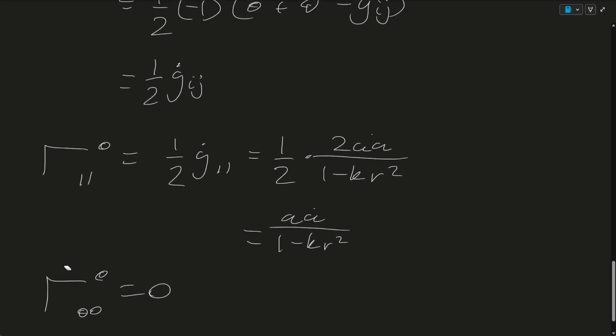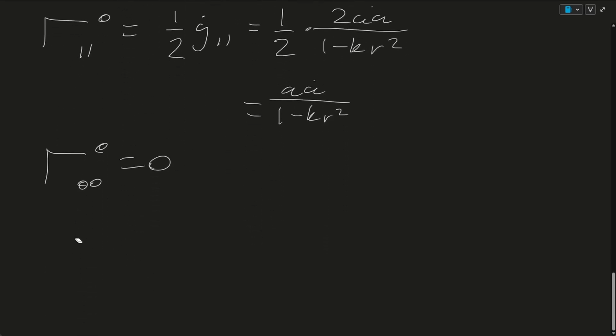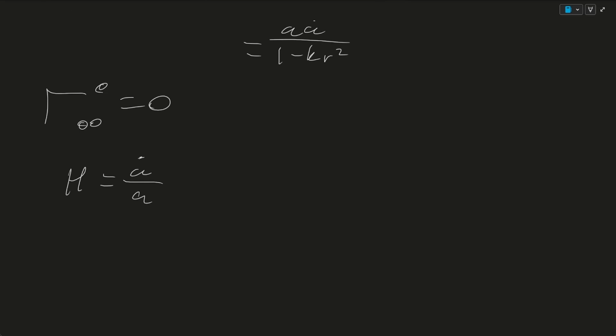The last thing I want to mention is that we have the Hubble parameter H, which is a dot over a, and that's just a useful thing to remember. I'm not going to go through the derivations of the rest of them.